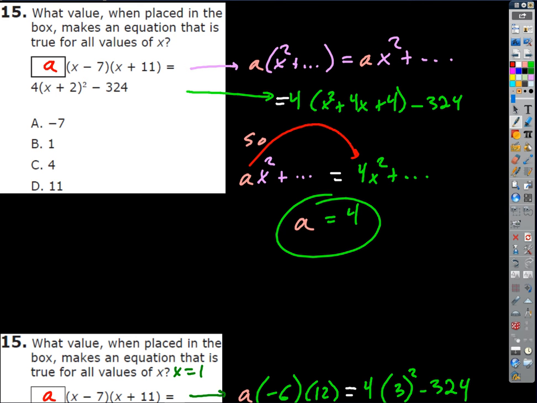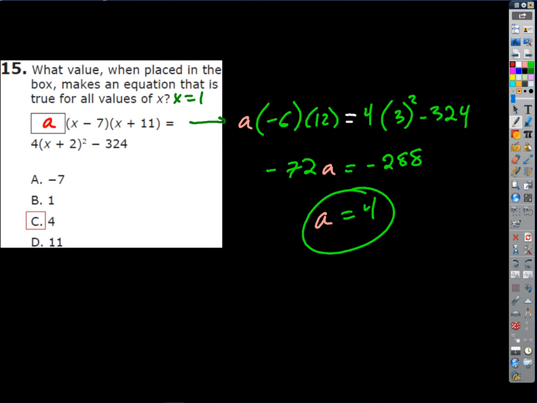So the other thing you could do is the trick, right? There's another classic example where it would be great. If I want to figure out what the value of A is, so the left expression is equal to the right expression, right? They're equivalent expressions. Let x equal 1 and see what you get. If x is 1, I get A times negative 6 times 12. On the other side, I'm going to get 4 times 3 squared minus 324.